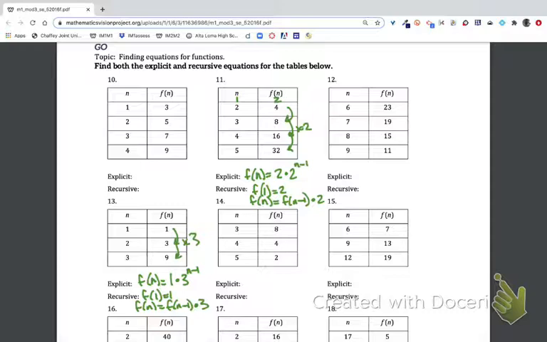For number 15, you've got 6, 9, 12. That gets a little bit challenging. And you can see that we are going up by 6, going up by 3, which really kind of throws us off a little bit.